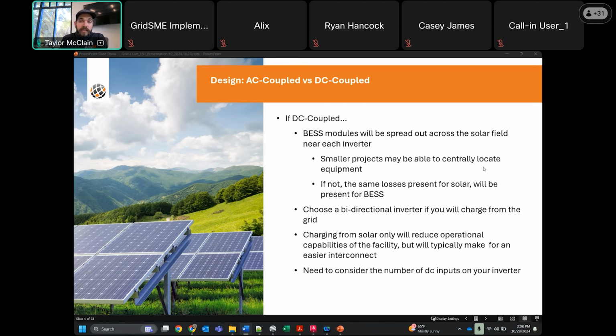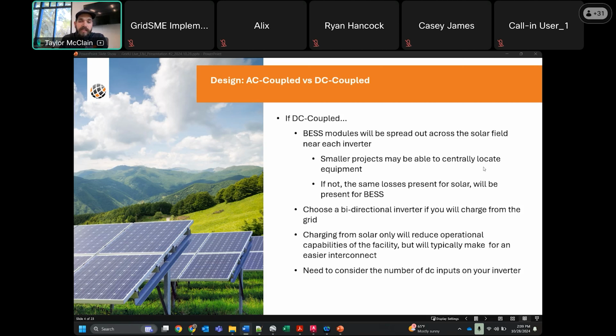Something else that we touched on a bit this morning was one of the potential downsides to the BESS: when you physically construct this, more than likely, if it's a large solar facility, you're going to be spreading out the BESS along with every single inverter out in the solar field.